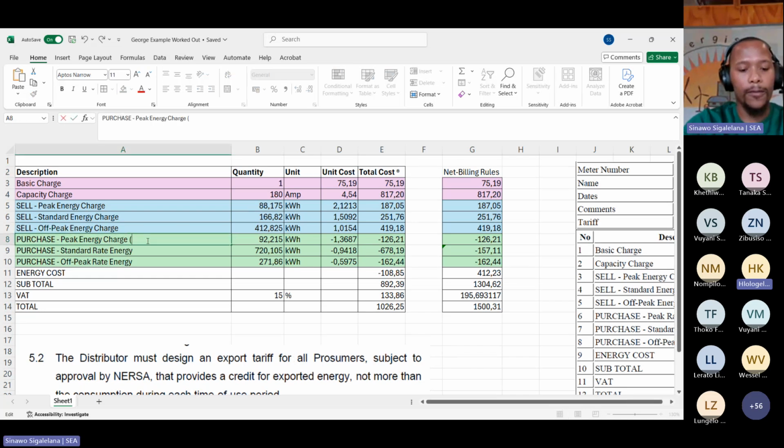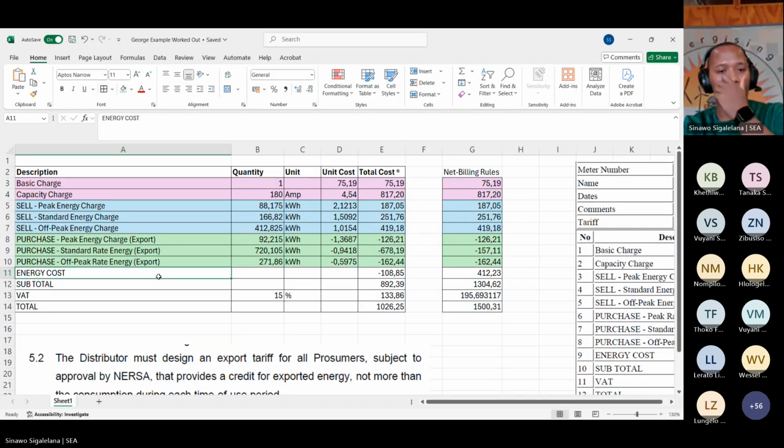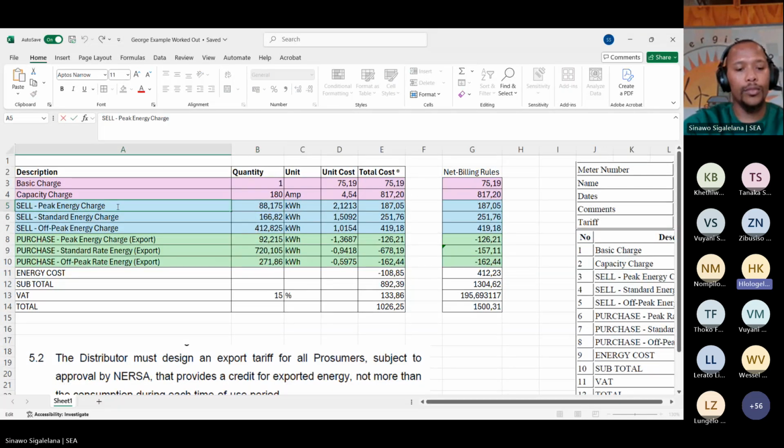So at peak, I can sell what I have generated from my SSEG, and I can sell 88 kilowatts. That's just reading this table. I'm not yet interpreting. So when you say consumption, maybe help me there.